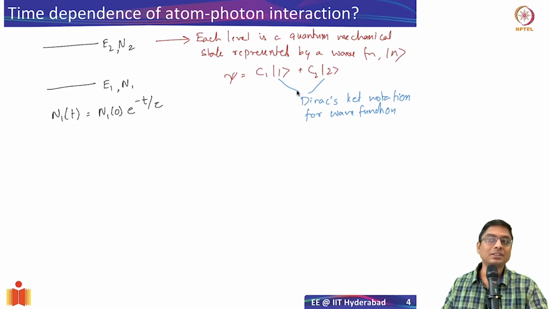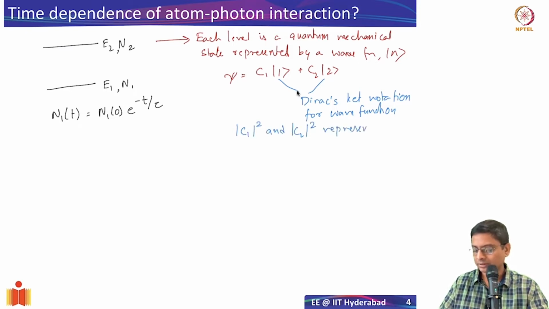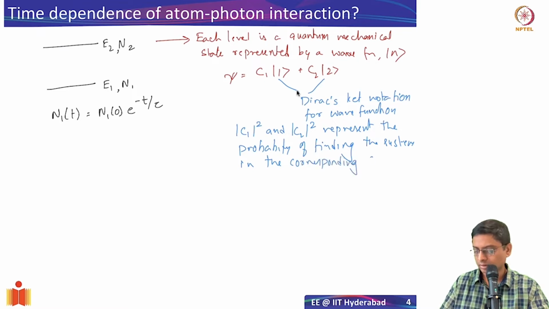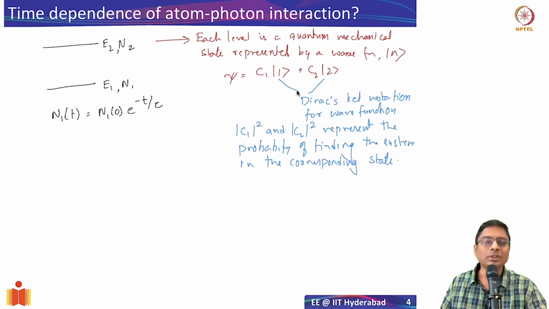So that will be the coefficient squared. So C1 square and C2 square represent the probabilities of finding the system in a particular state, in a corresponding state, right? Right. So now, so what?